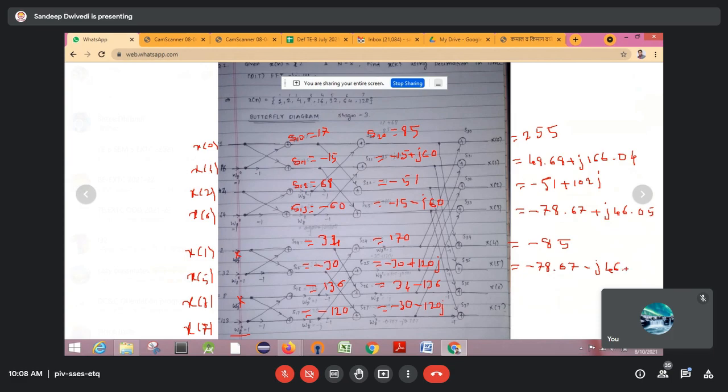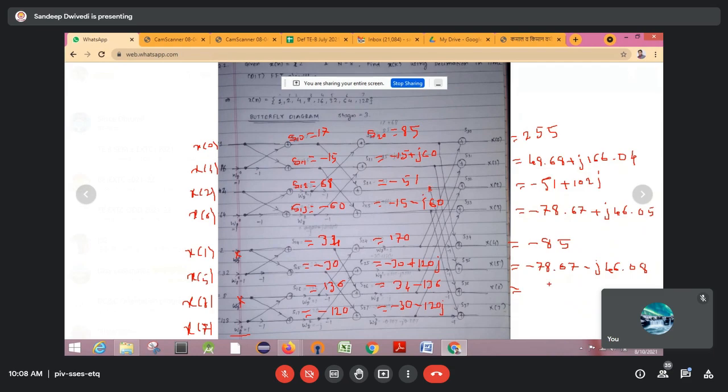Okay, then the next one is x of 6. So here for this calculation two values are there. First one is minus 15 plus j16. Sorry, x of 6. So for x of 6 this will go here.